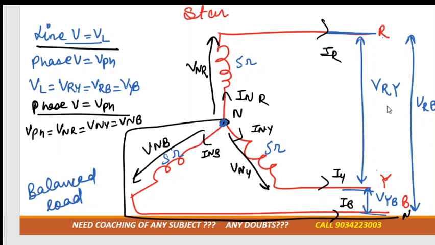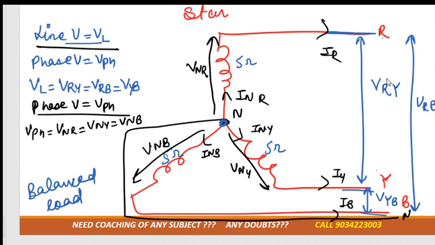Correct, unequal. Here the line voltage is VRY, and VRY cannot be equal to VNR. In fact, VRY is made up of two components, one of VNR and one of VNY. So these voltages are unequal.